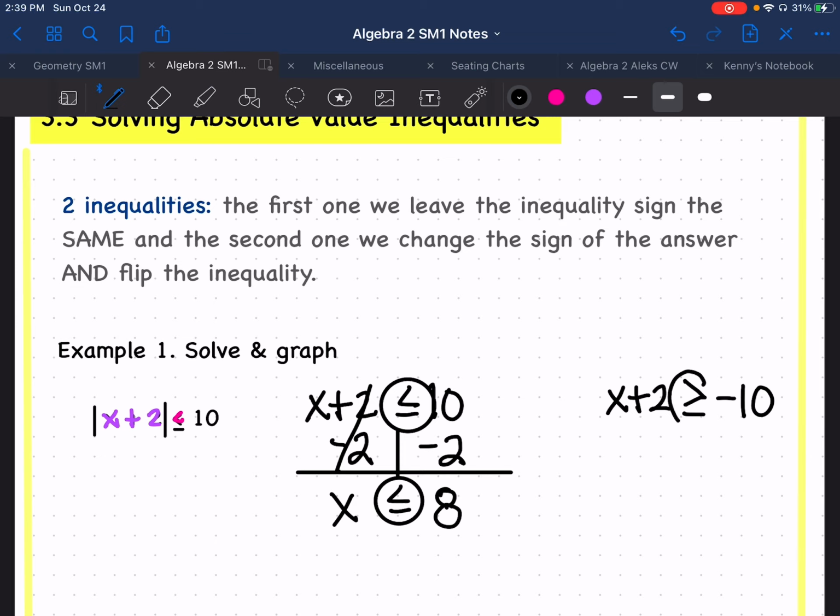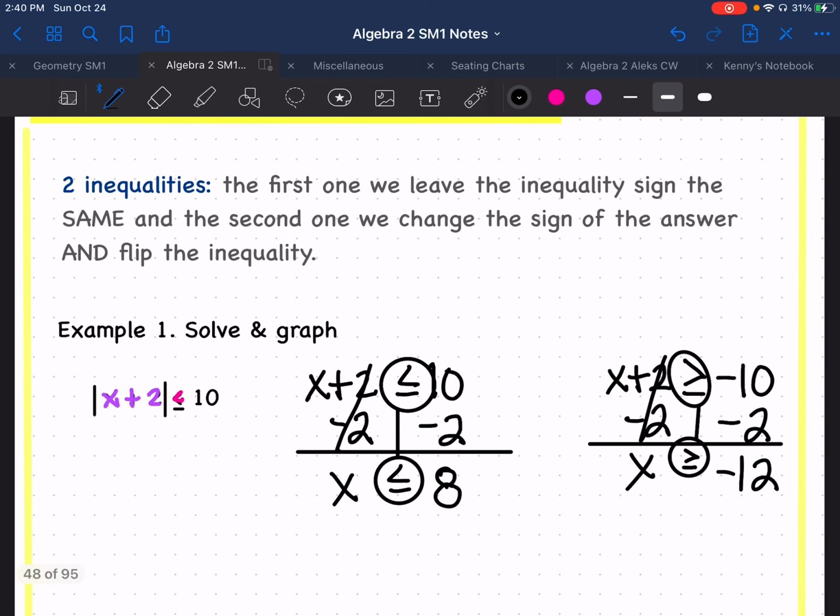In the second one, remember we just got to be careful because that guy can flip on us if we divide by a negative number. We're going to solve it the same way. Subtract 2, subtract 2. Our flipped sign is not going to change. And -10 minus 2 is -12.